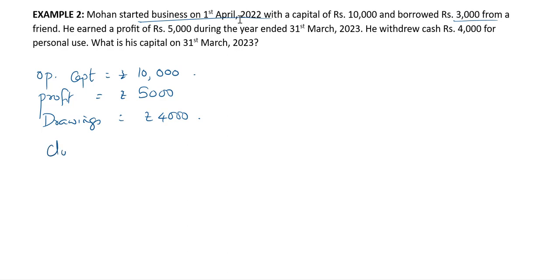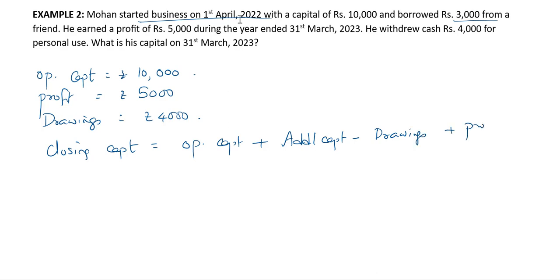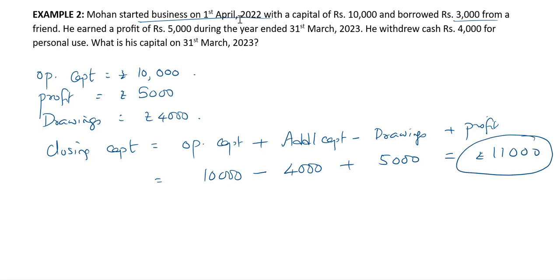So the formula is closing capital is equal to opening capital plus additional capital minus drawings plus the profit. So closing capital is equal to 10,000. There is no additional capital. The drawings is 4,000, plus the profit is 5,000, which is equal to 11,000 rupees. So this is the closing capital.